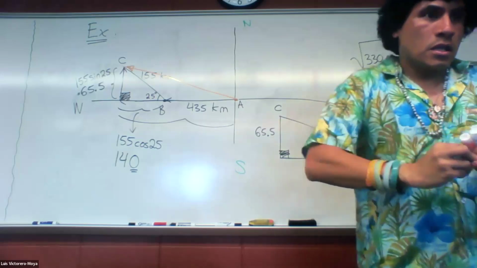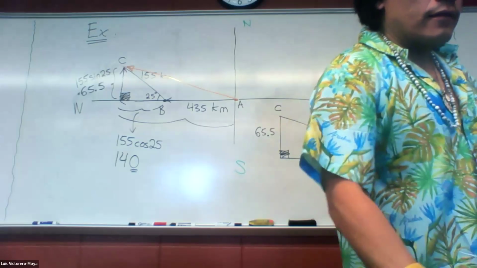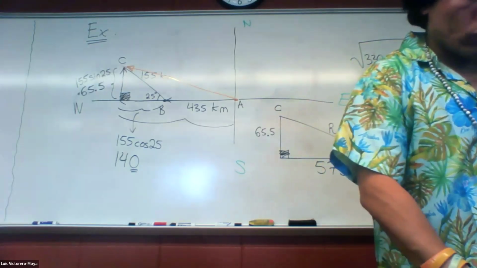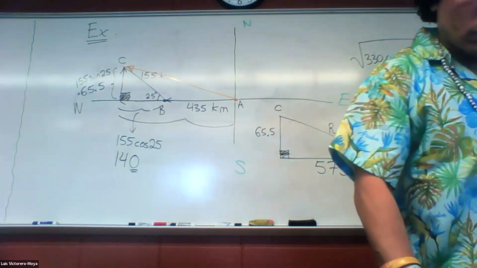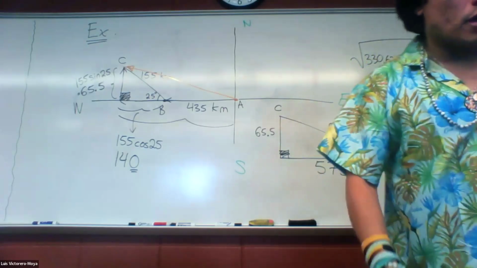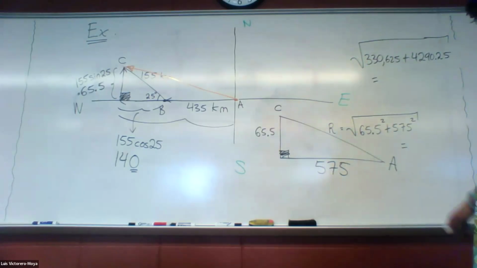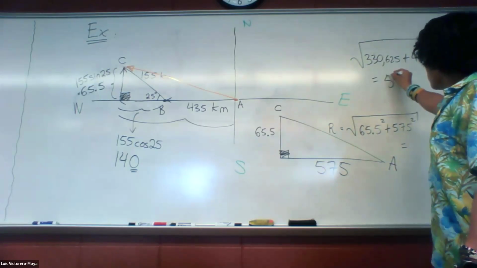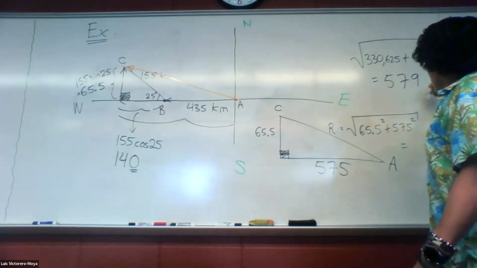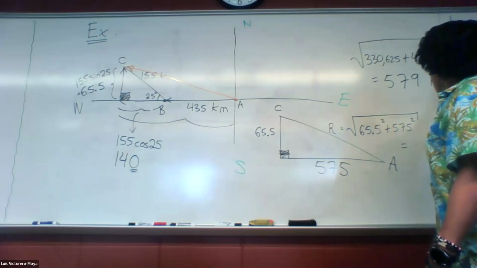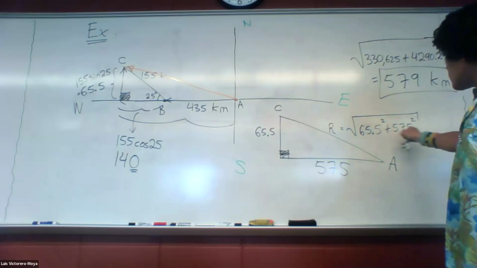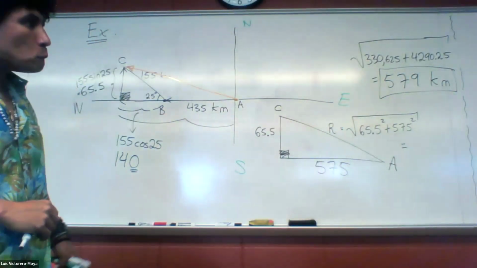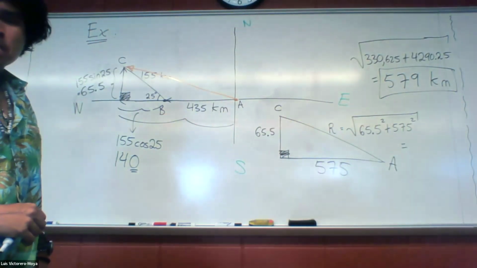If I add that with the previous one and take a square root, I get 579. That's my final figure. That's how you run it. 579 kilometers. That's my distance AC, straight line.